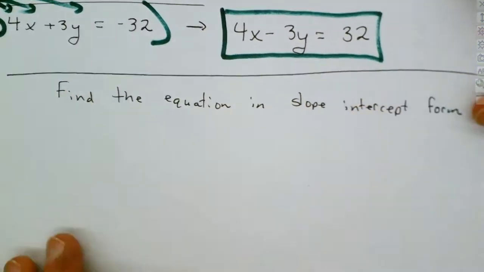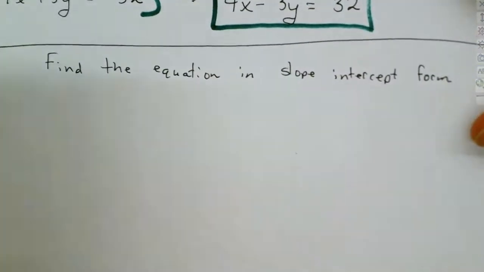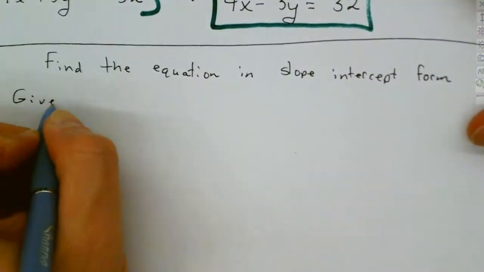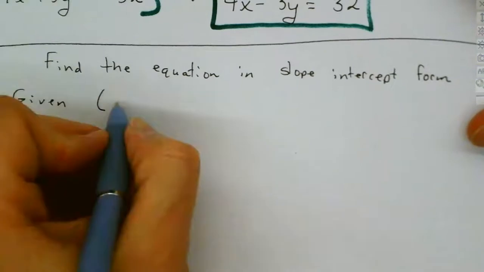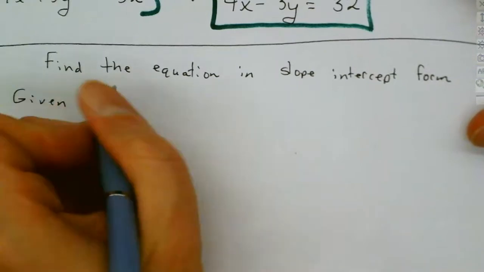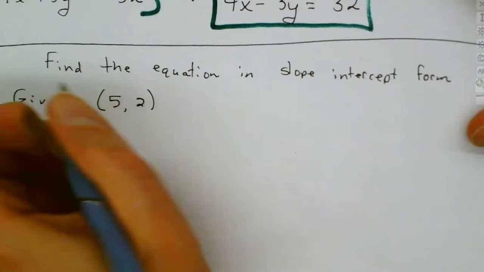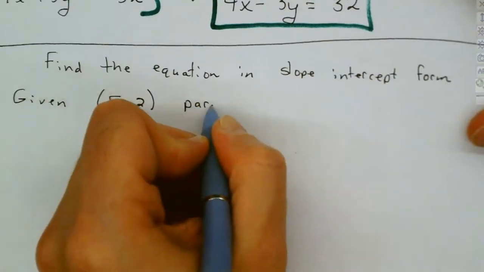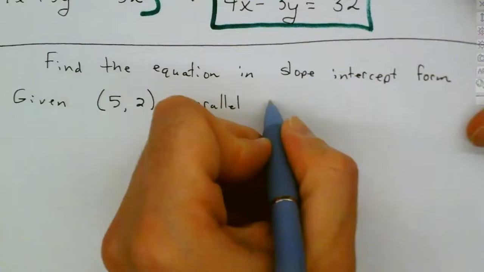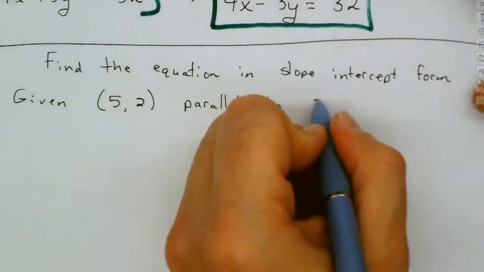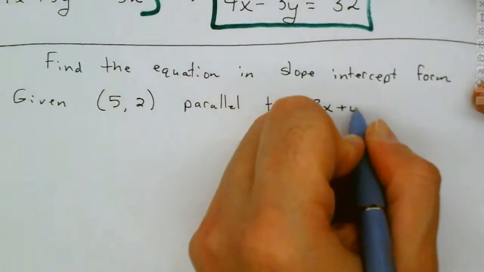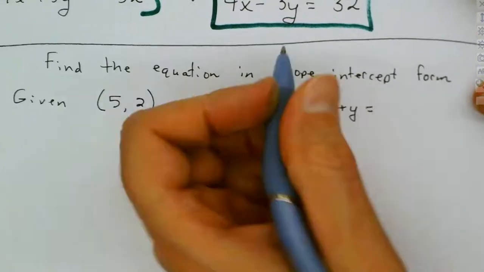So we're going to find the equation in slope-intercept form. And let's see, you're given the point 5, 2. And I want that to be parallel to 3x plus y equals 9.